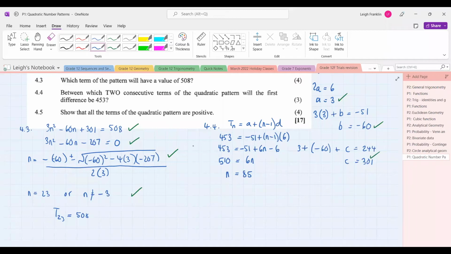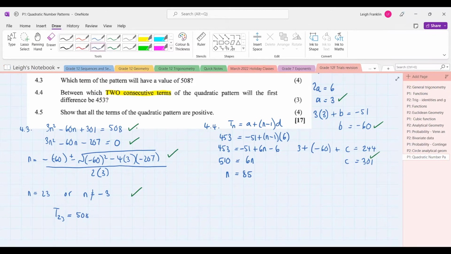So if n is equal to 85, it means that the first difference is going to be, because remember it says here between which two consecutive terms, it's going to be between term 85 and 86.